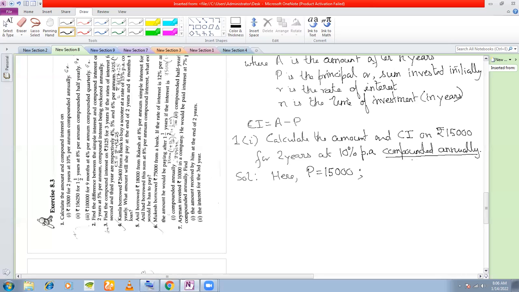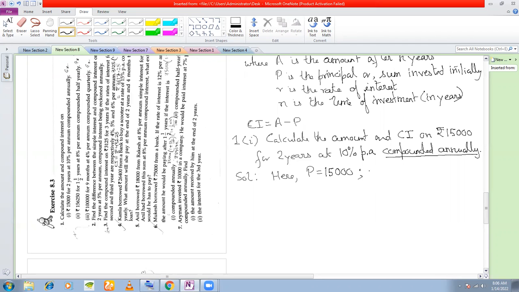That is why I underline compounded annually. You must always take note of this phrase: compounded annually, compounded semi-annually, compounded half-yearly, compounded quarterly. We'll come across those problems.